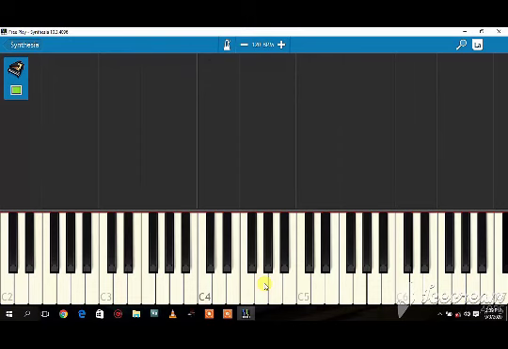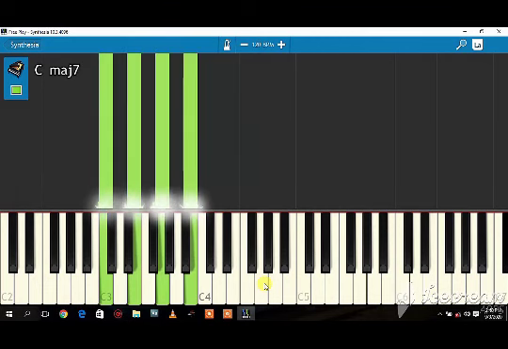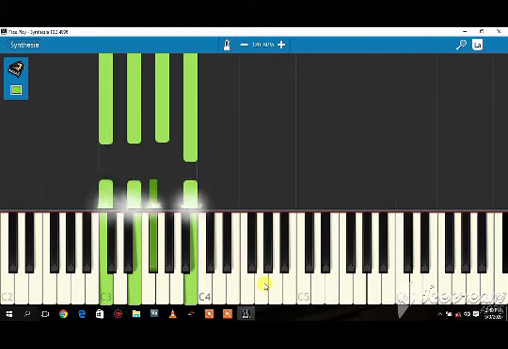So we'll just look at the use of the flat 5 and the sharp 5 chord. Now the flat 5 and the sharp 5 chords are usually employed very well in jazz. So now this is C major 7. This is our 5th note. We can flatten it.